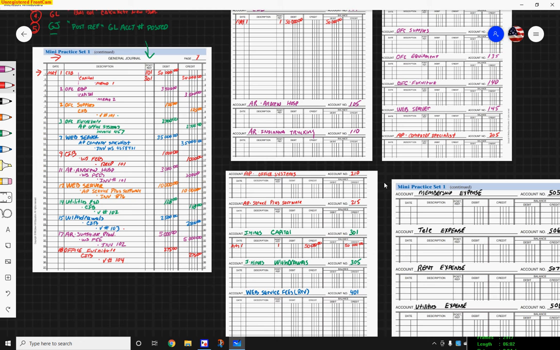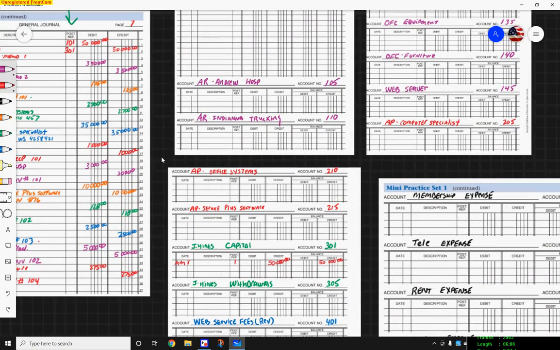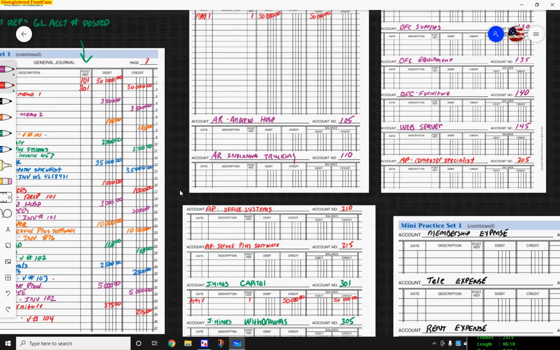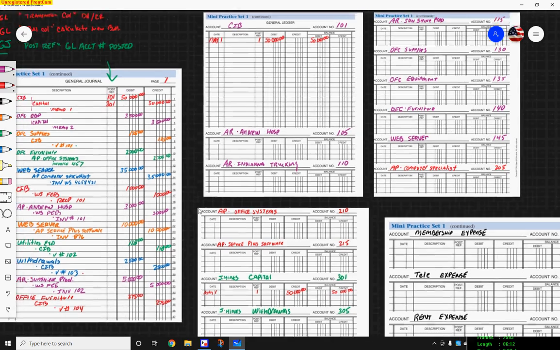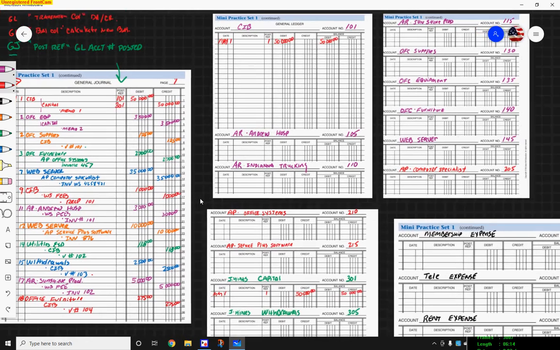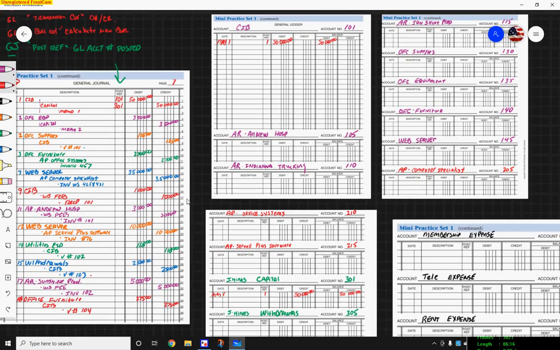Next transaction, office equipment. See if we can get this a little bigger because it's a little hard for me to see too. Office equipment. The date of the transaction was May 2nd. It came from journal page number 1.